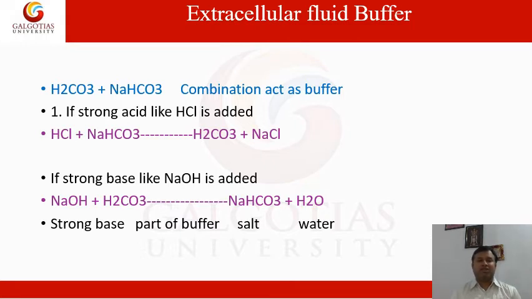And in the same way, if sodium hydroxide is added, the carbonic acid part of the buffer solution binds with the sodium hydroxide and converts the strong base into the weak base sodium bicarbonate plus water. In this way, the effect of the base will be neutralized.